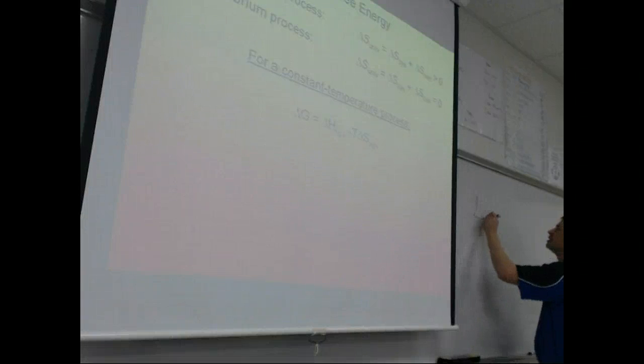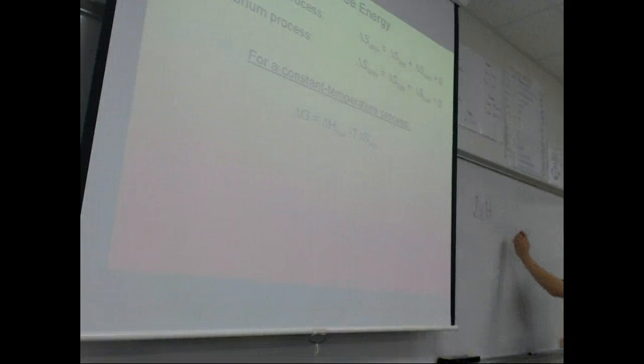If our delta H has a negative value, or I guess it would be better to say is less than 0, is that endothermic or exothermic? Exothermic. So it's giving off energy. So the system is losing energy.